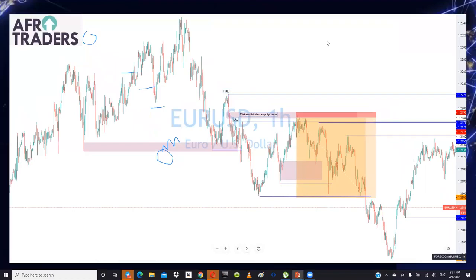So here, this Euro USD trade. We saw that price was going up. This is a higher low, a higher high, a higher high, a higher low, right? This is not a significant level because this wasn't formed after a higher high is created.